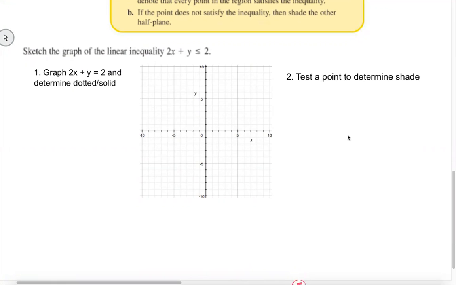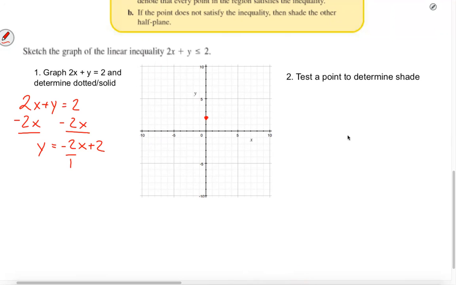Now, Hannah could be good at getting this y by itself. So Hannah might just do minus 2x, and she's going to get that pretty quick, right? So Hannah would come up here to 2. She plots her point. Then notices her slope is negative 2 over 1.